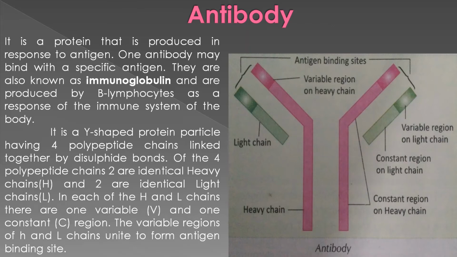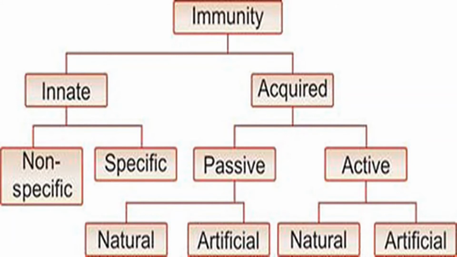Let us go to the types of immunity first. See, immunity is of 2 types, innate and acquired. Innate means it is already within our body since our birth. When we are born, the innate immunity starts working.